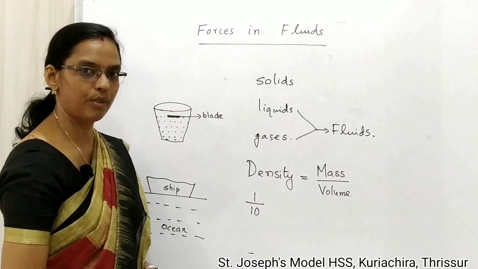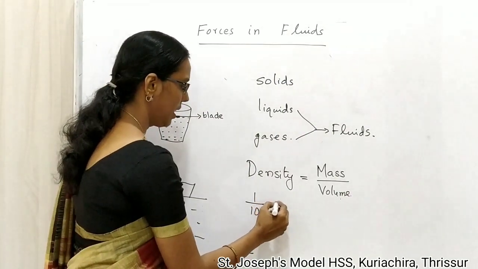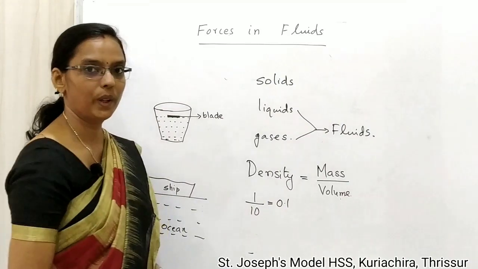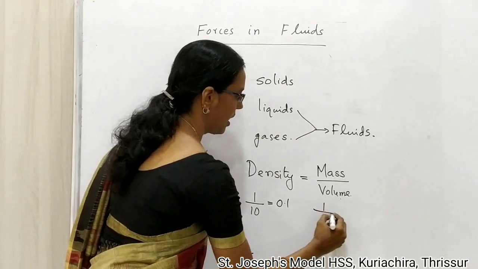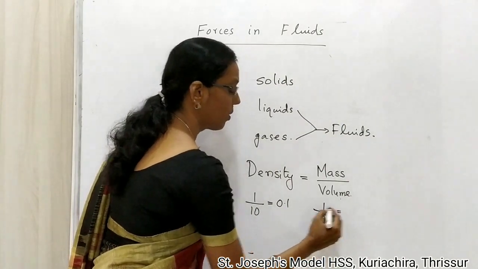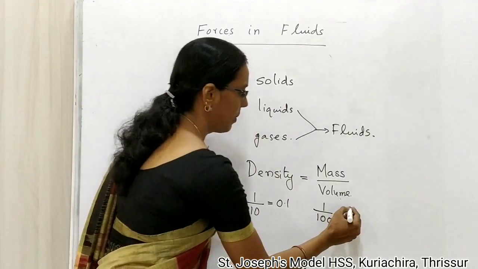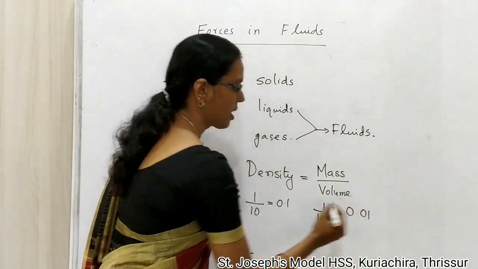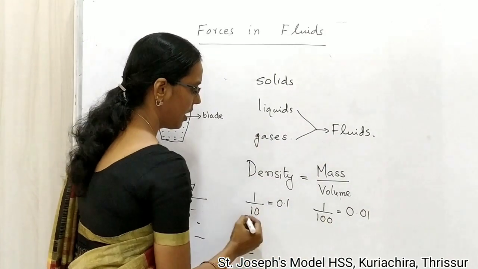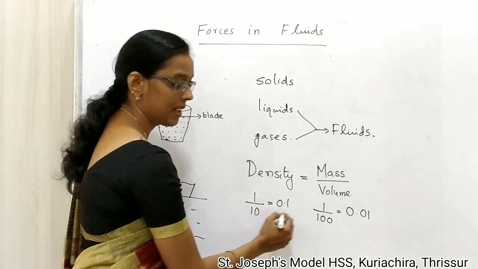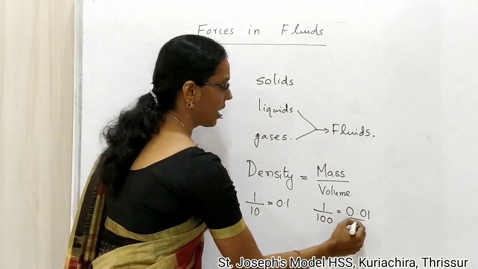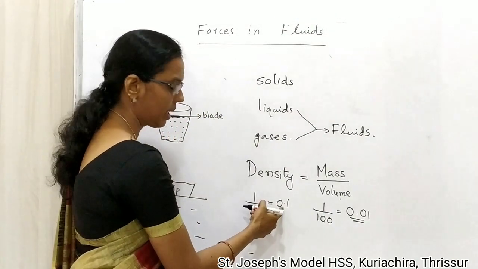What is the answer of 1 by 10? 1 by 10 is equal to 0.1. Consider 1 by 100. So what is the answer? 1 by 100 is 0.01. So here see the difference. If the denominator is large, then the result is small comparing to this.